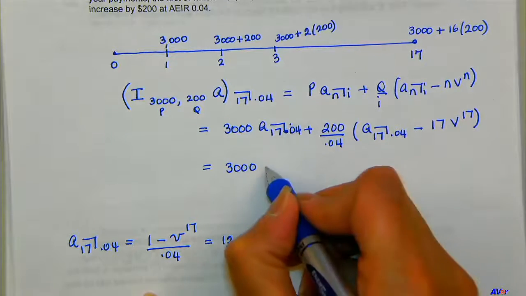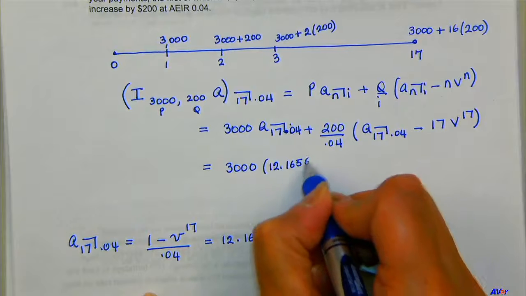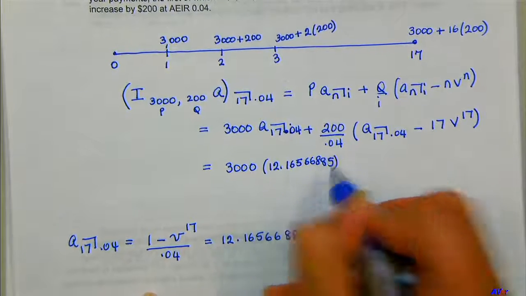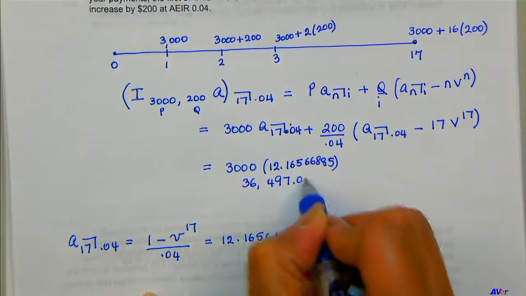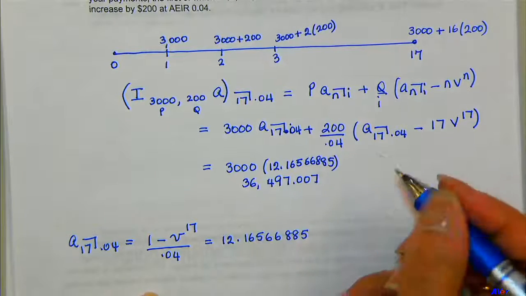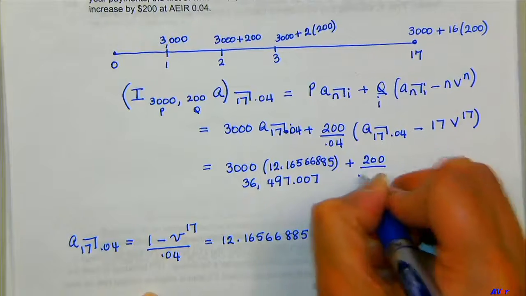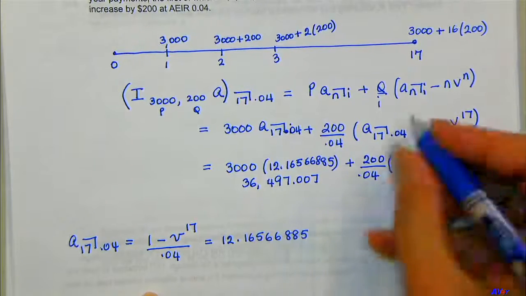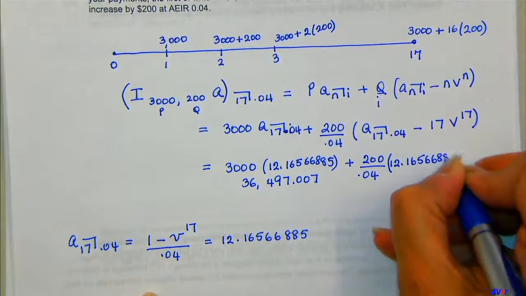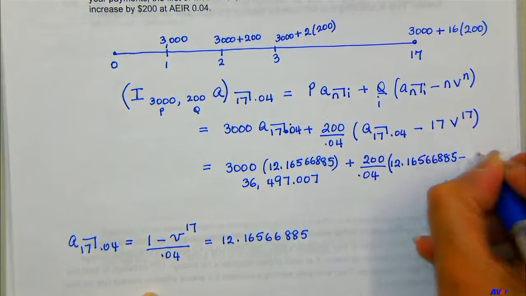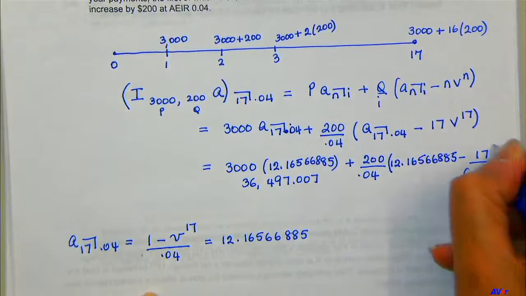3,000 times 12.16566885 will give you 36,497.007 plus 200 over 0.04 times 12.16566885 minus 17 over 1.04 to the 17th power.